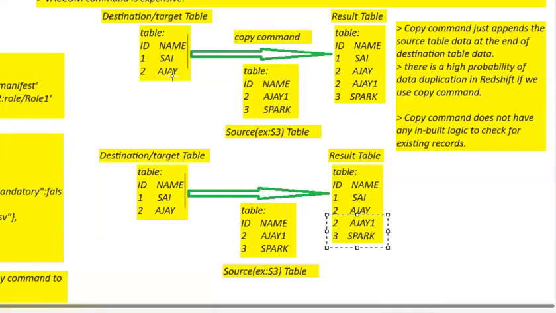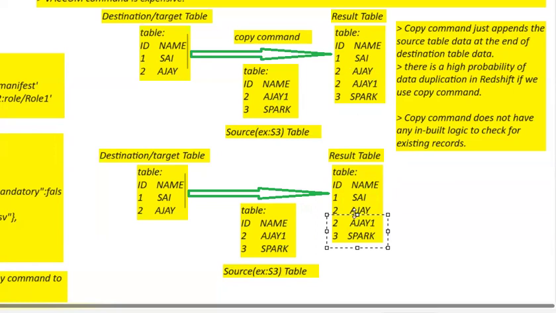Now I want to perform some operation on my destination table and source table, so as to get a resultant table that does not contain duplicate data.